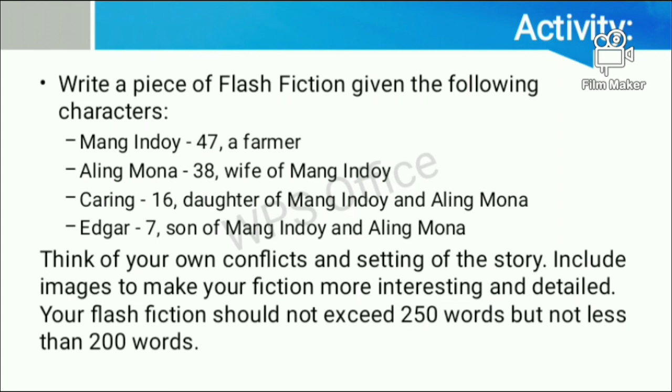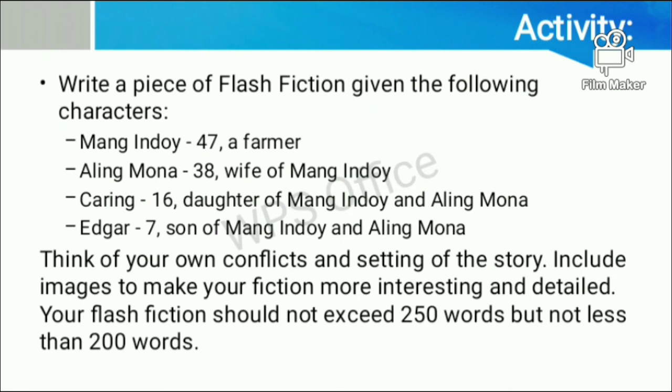So we have Mang Indoy, a 47-year-old farmer. We have Aling Mona, 38-year-old and a wife of Mang Indoy. We also have Karing, 16-year-old girl who is the daughter of Mang Indoy and Aling Mona, and Edgar, the youngest child or the youngest son of Mang Indoy and Aling Mona.